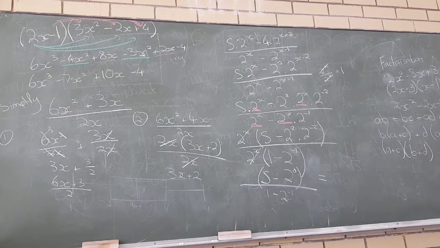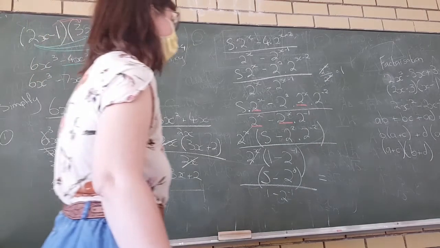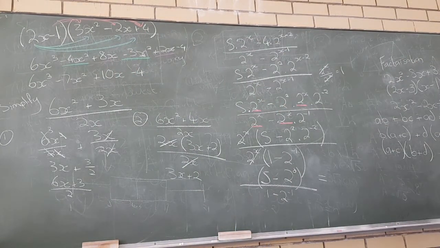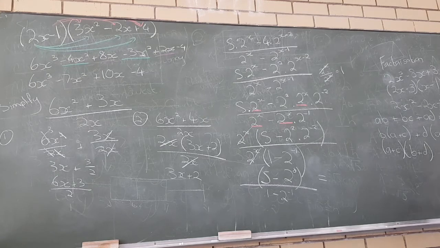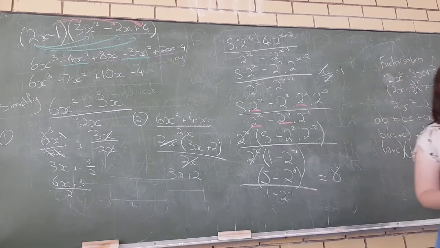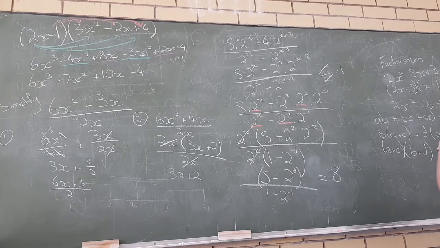It's 2 to the power of 0. So guys, plug it into your calculator, what do you get? 8. 4 over, guys, 1 minus 0.5. 8, guys, quiet. The answer is 8. Okay, you need to know how to do this.